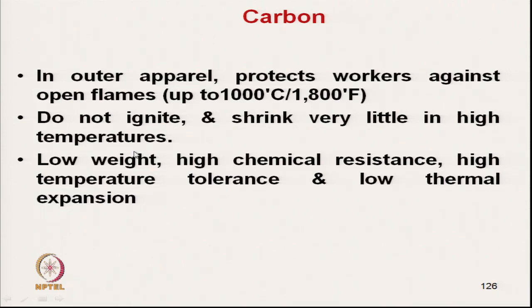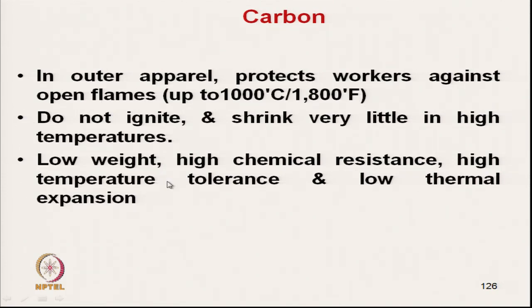So, shrinkage is very less in high temperature and they do not ignite. Due to this characteristic we can use this fiber for open flame and it has got low weight.